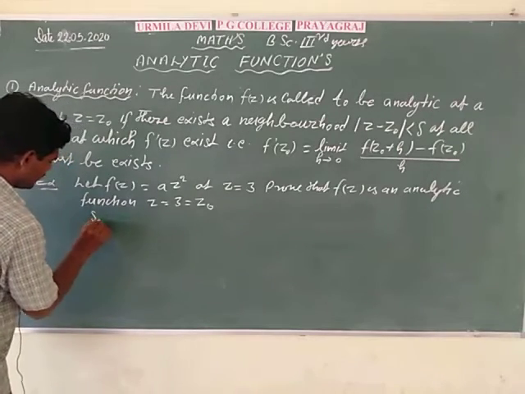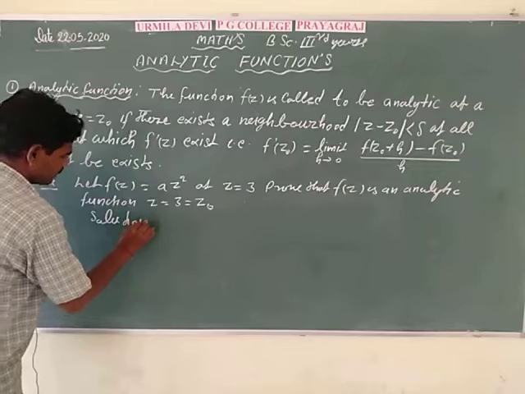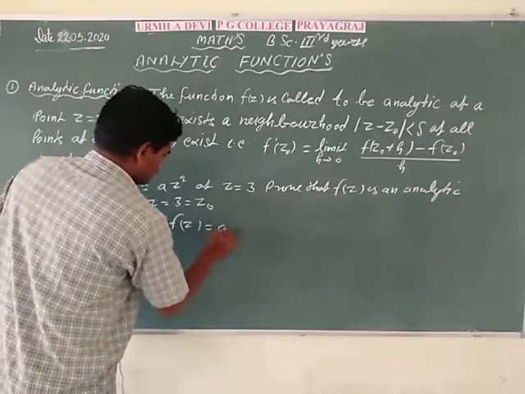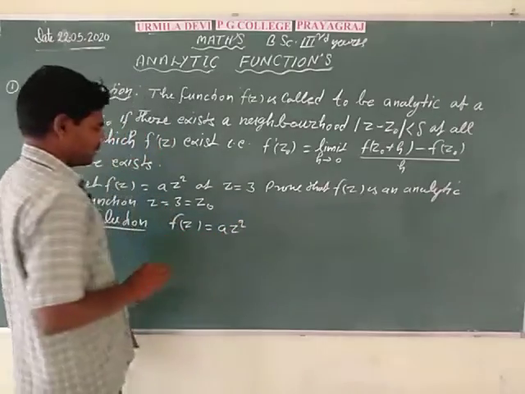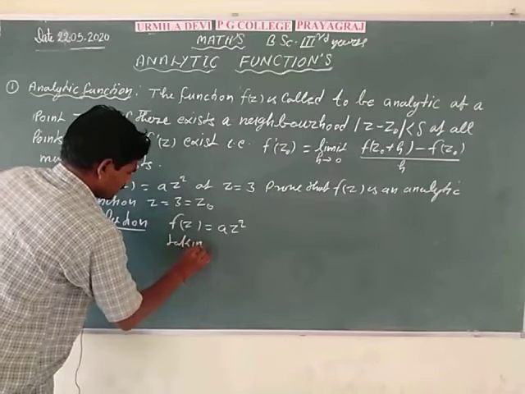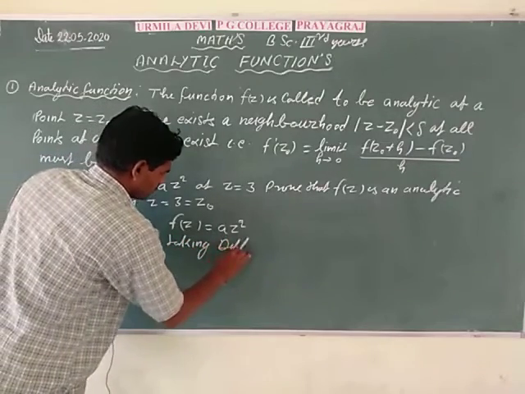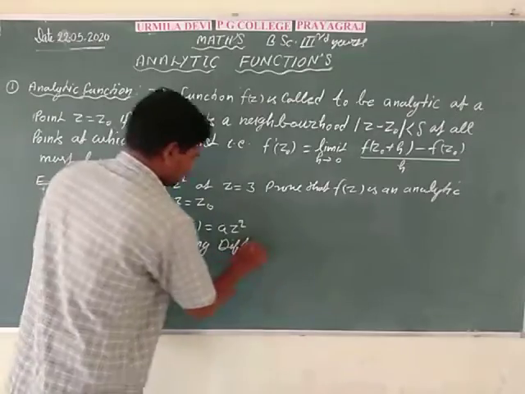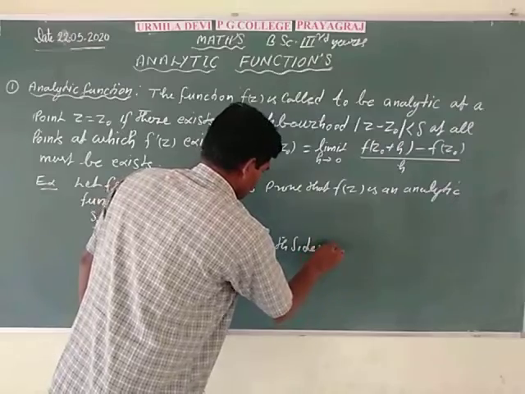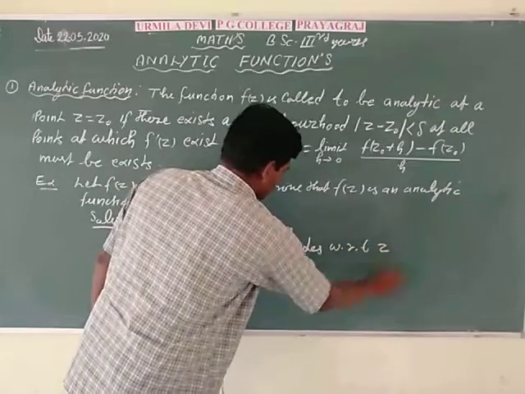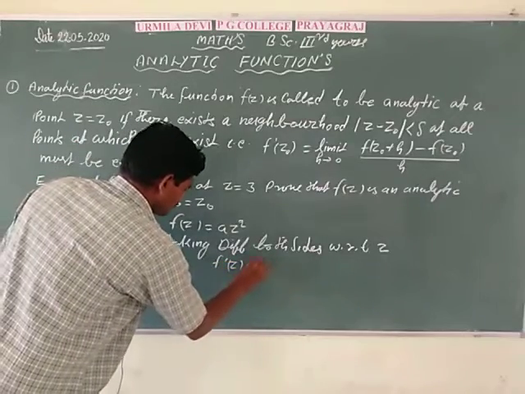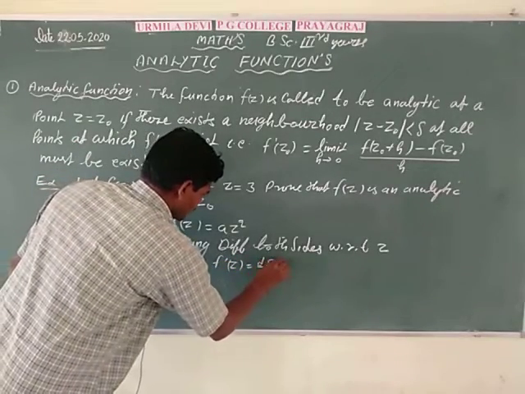Therefore in the solution write given function f(z) is equal to a times z square, taking differentiation both sides with respect to z. Therefore f dash z is equal to d by dz of a z square.